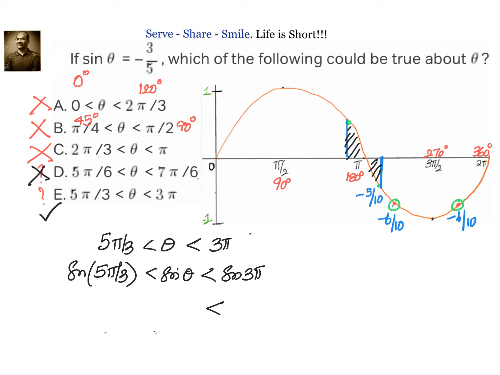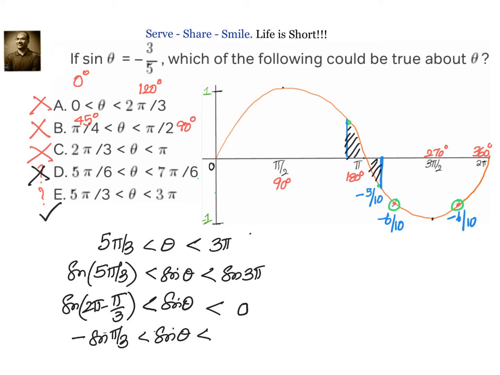Now we know multiples of pi, 2 pi, 3 pi, sine of all of them is 0. So this is 0. We have sine theta here. This is sine of 2 pi minus pi by 3, that is minus sine pi by 3 is less than sine theta is less than 0.